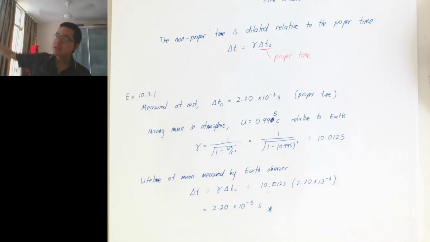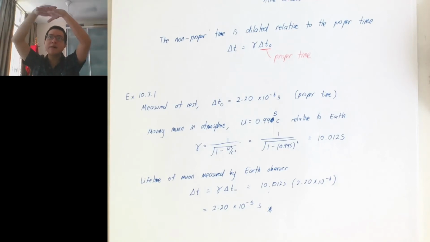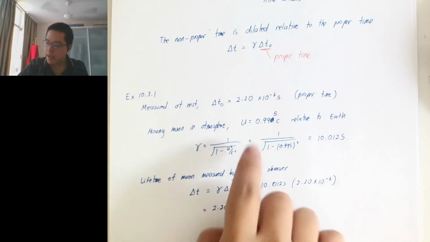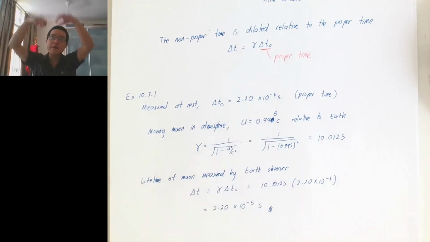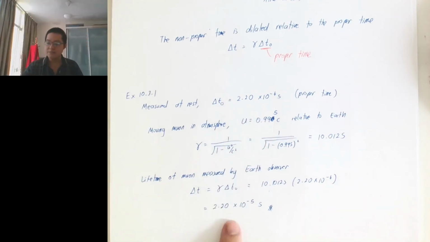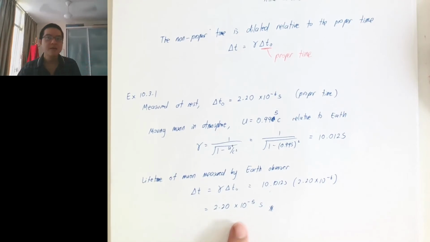But when they measure muons in the atmosphere, where cosmic particles crash into the Earth's atmosphere and create particles coming down at very high speed, they seem to last 10 times longer than the laboratory muons. That means time for the muon has been dilated relative to observers on Earth, because the muon is moving relative to the Earth.